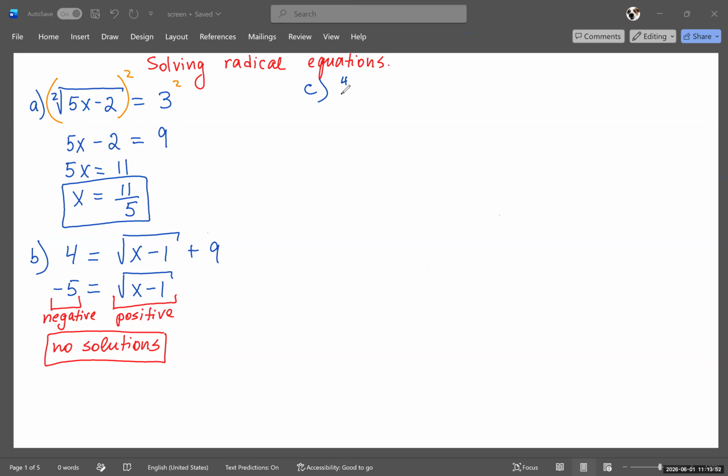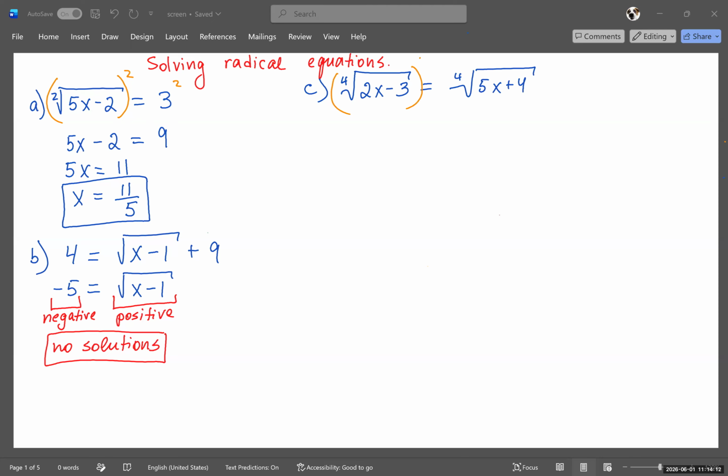This time we're going to do a 4th degree radical of 2x minus 3 equals a 4th degree radical of 5x plus 4. Okay, on this one, you have the same radical on both sides.